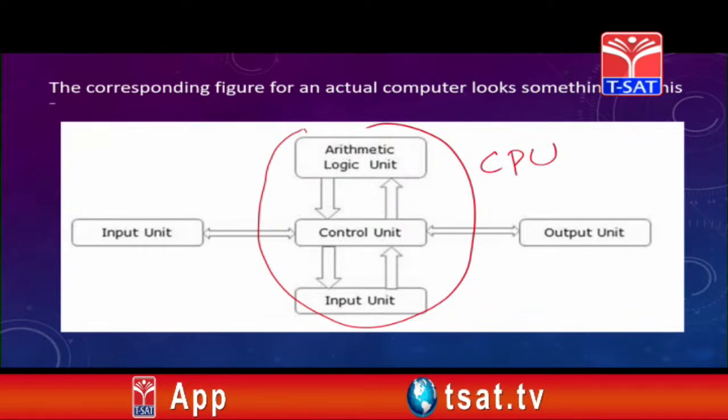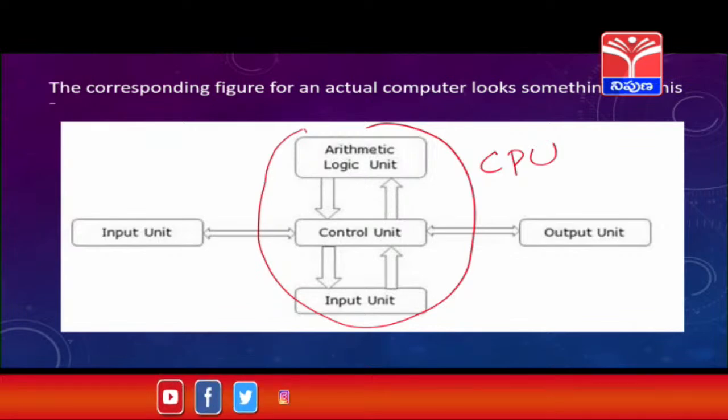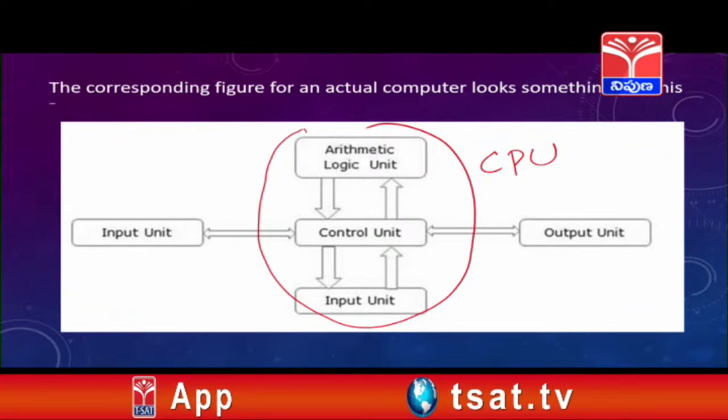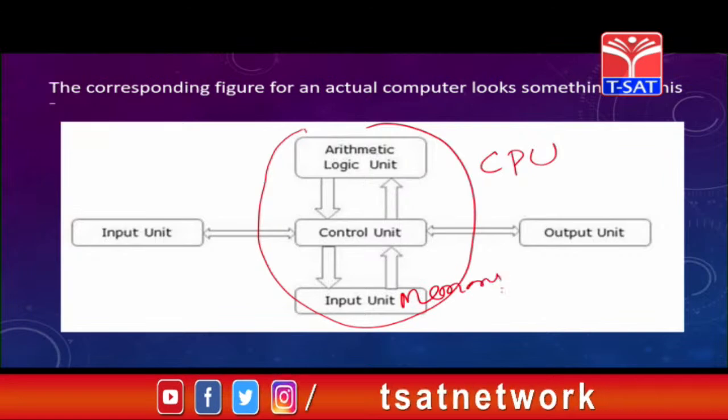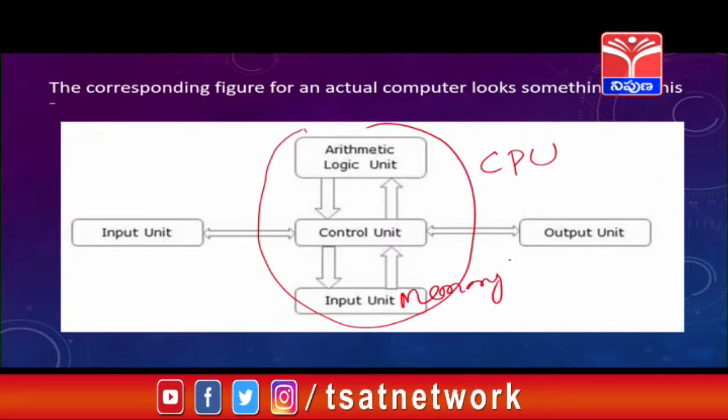In the central processing unit, you have the arithmetic logical unit to perform arithmetic operations and logical operations, and the control unit, which controls the total computer operations. One more thing here is the memory. And the other one is the output unit.